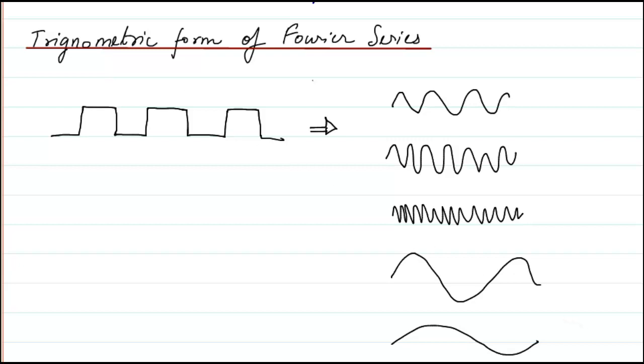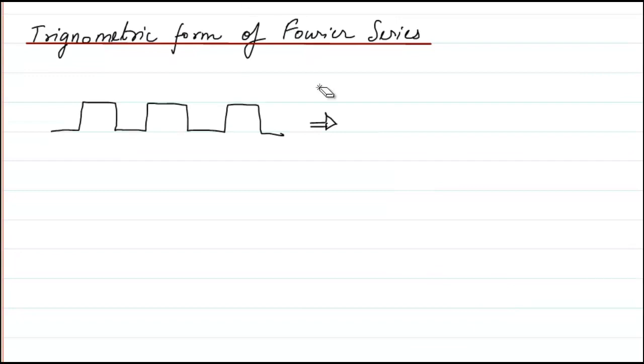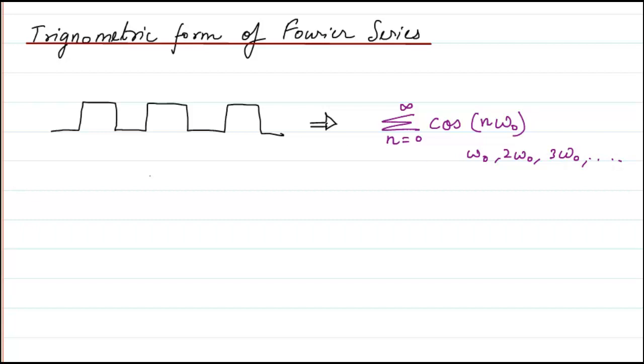To give it a more mathematical understanding, what Fourier said was that if you have a cosine waveform, with a fundamental frequency, and you take multiple different frequencies with the value of n going from 0 to infinity, that means an infinite number of frequencies which are multiples of omega naught, that means omega naught, twice omega naught, 3 times omega naught, like that, where omega naught is of course 2 pi f, where f is 1 divided by T, where T is the basic fundamental period of the periodic signal.